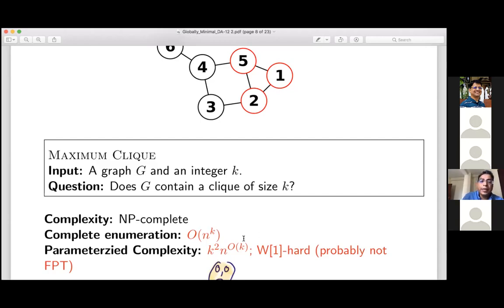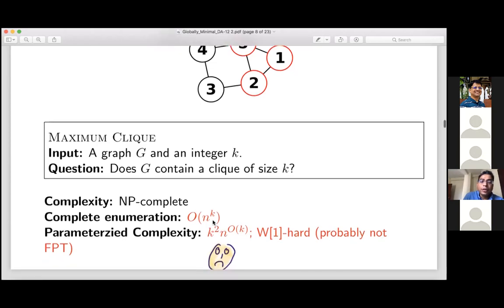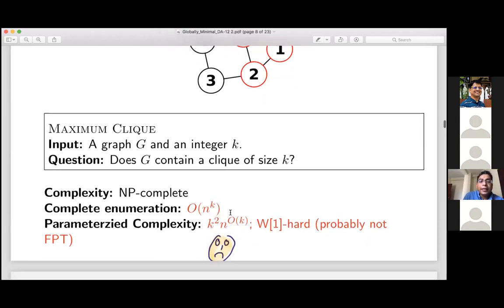So you have to try out all possible k subsets. That's order of n to the power of k. That's a complete enumeration. And then for every k subset, you check whether there are edges between every pair of vertices. That requires order of k square time. So this can be solved in k square into n to the power of order of k time.